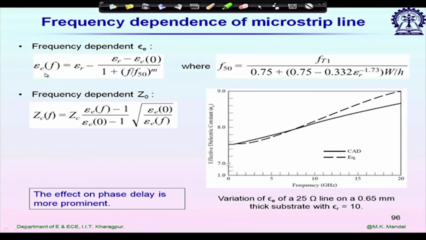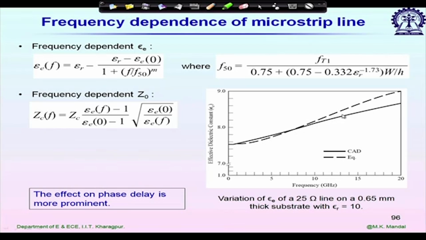Now if we plot epsilon E, it increases with frequency, as shown by this dashed line. We can correctly determine epsilon E by using any full wave simulator, and we also plotted epsilon E obtained using a full wave simulator.